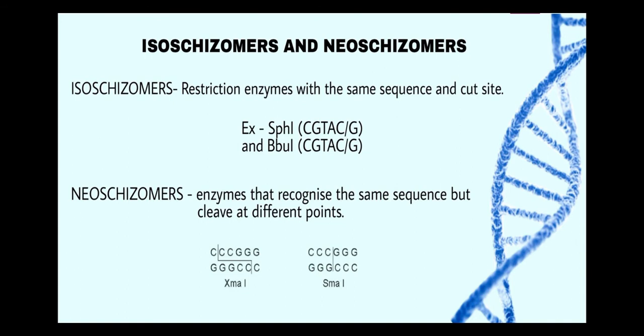For example, in neoschizomers, the enzymes XmaI and SmaI have the same recognition sequence, that is CCCGGG. But in XmaI, the cleavage occurs after the first C, and in SmaI, the cleavage occurs after the third C.